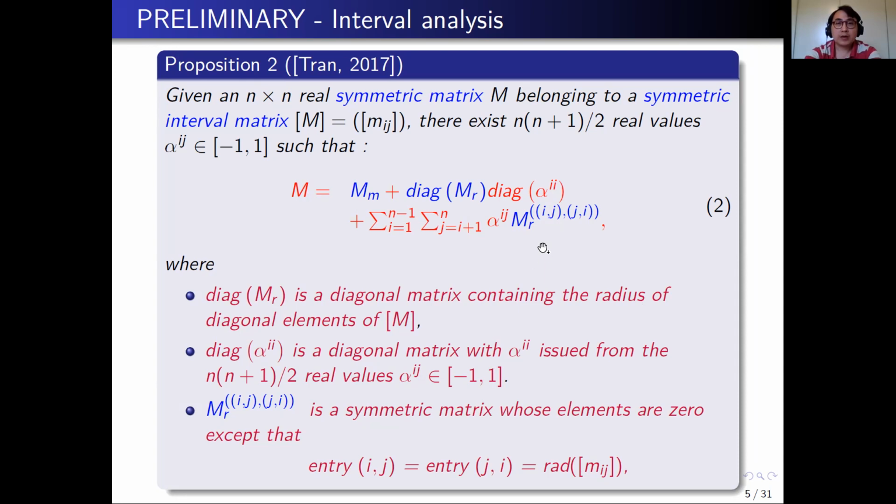And M_R^ij,ji is a symmetric matrix whose elements are 0, except that its ij and ji entries are equal and take the value of the radius of the ij element of the interval matrix M.